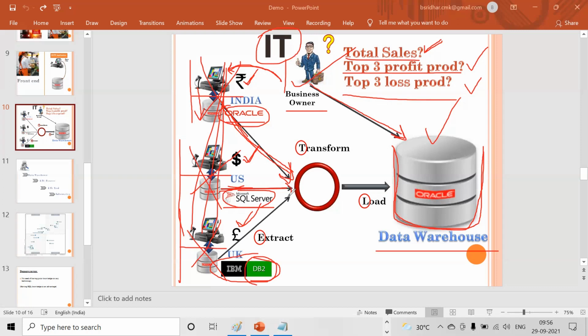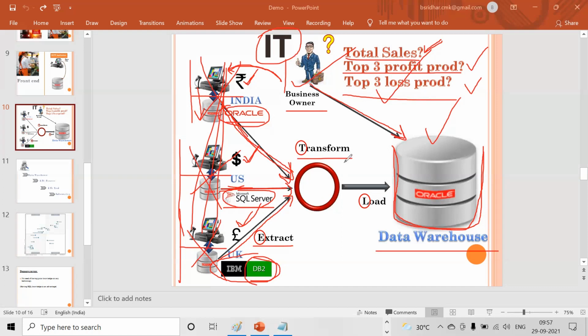The process of taking data from all these OLTP systems is called extraction. Extracting the data, taking the data out. After taking the data out, we need to understand business requirements, and we need to modify this data as per business requirements. The process of modifying the data taken from OLTP systems as per business requirements is called transform. Transform in the sense of changing the data, the form of the data.